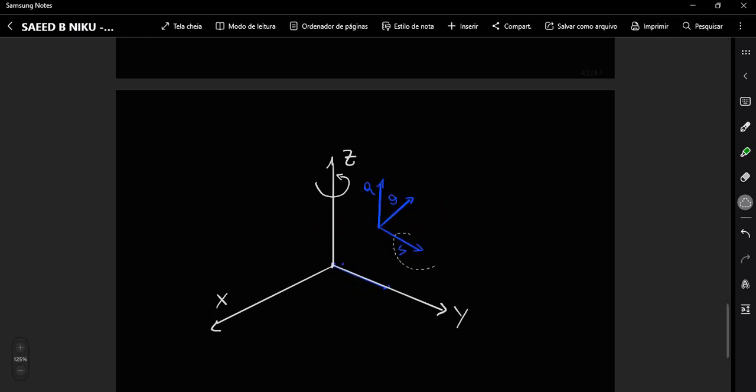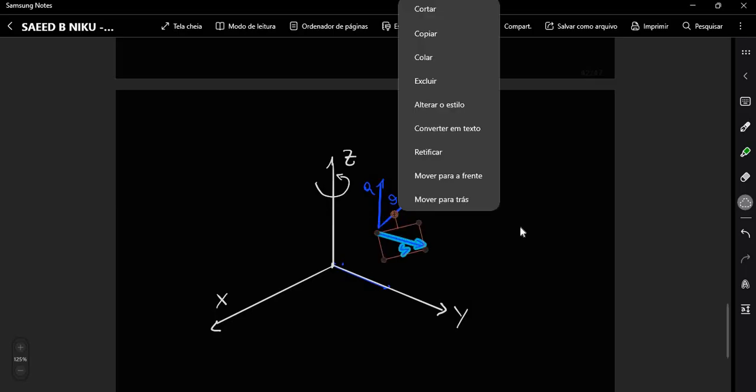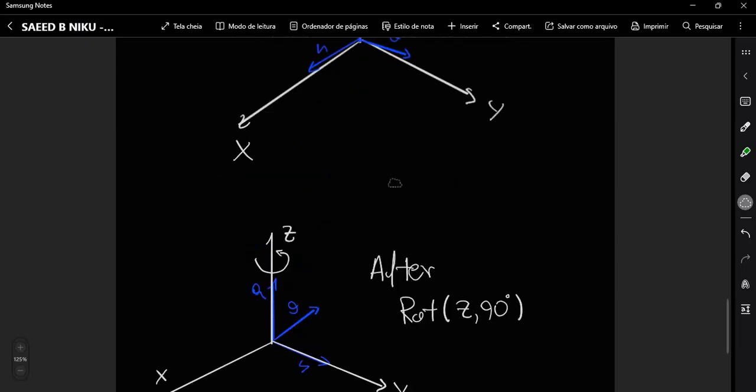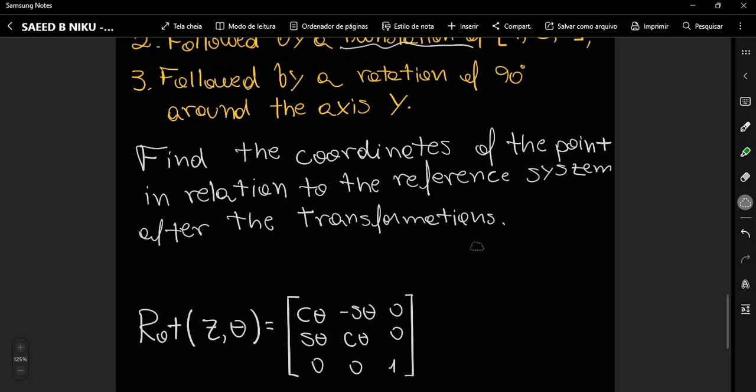Okay. So now let me copy the coordinates of the translation.